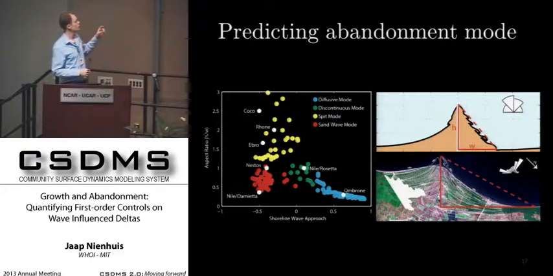We found that the aspect ratio of a delta flank, so one side of the delta, together with the types of waves attacking that flank, is a good predictor of what type of behavior you can expect as an intermediate delta abandonment mode.